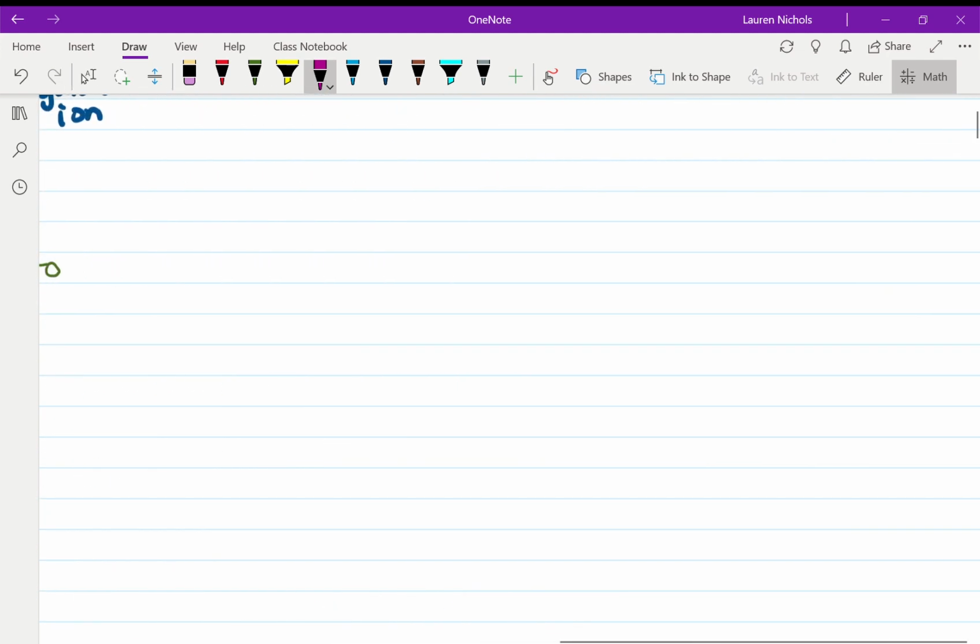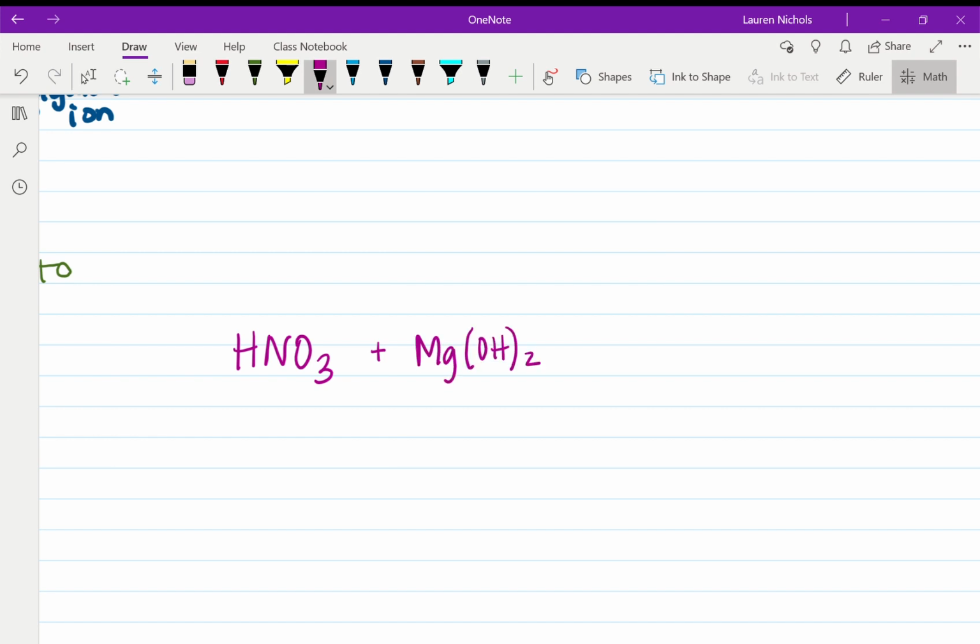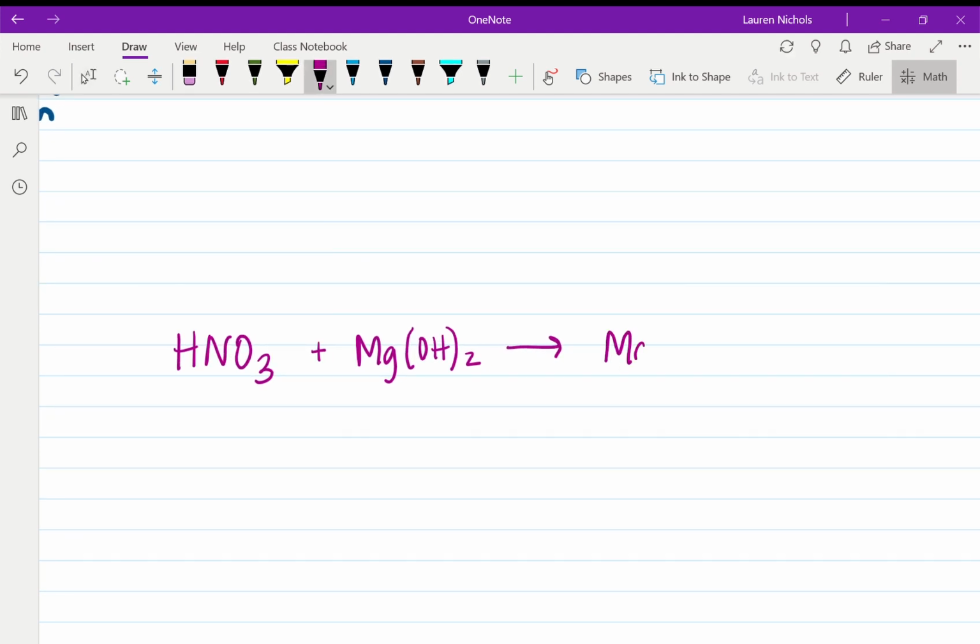So if you had, for example, HNO3, so nitric acid, plus magnesium hydroxide. When this reacts, it would produce magnesium nitrate. One thing to remember is that magnesium is in column number 2, so it has a +2 charge, OH has a -1 charge, H has a +1 charge, and NO3 has a -1 charge.